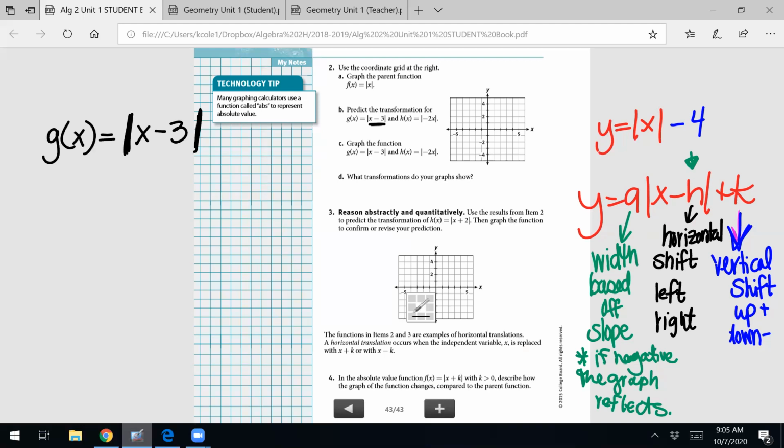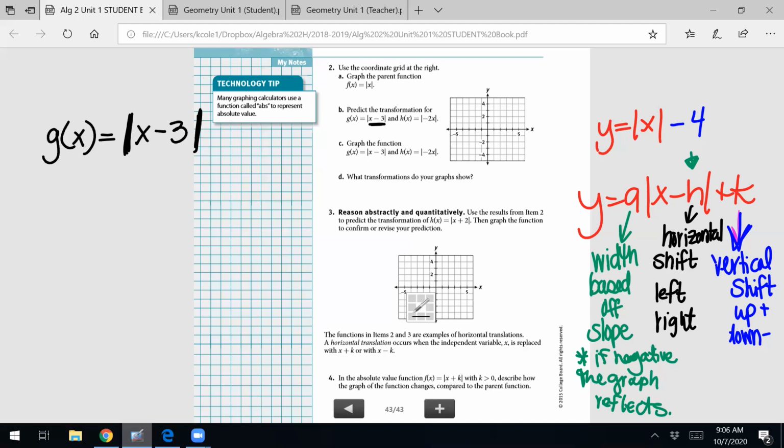Okay. Now on this one, this -3 right here, you know you're going to be going either left or right. So if you're like me and you see a negative, I automatically think left because I would think plus would be positive, but it's actually the opposite.